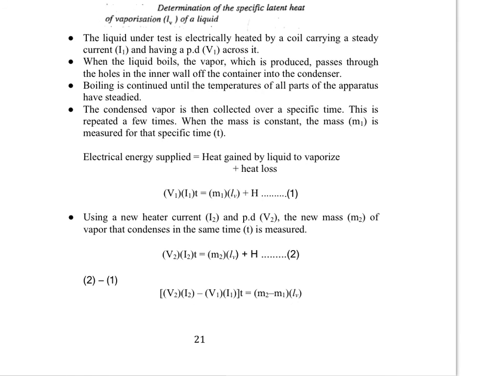You won't get the same H, because if you use higher voltage and higher current, the temperature rise will be bigger. That means the temperature difference with the surrounding is bigger, so you get a greater heat loss. All right, so we can only use this method to determine the specific latent heat of vaporization.